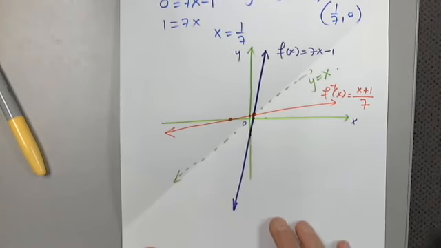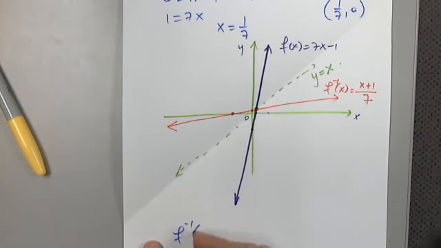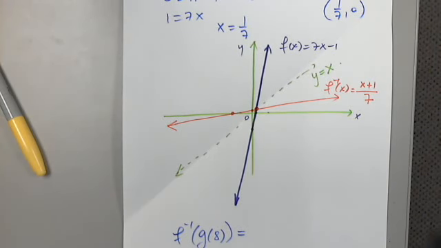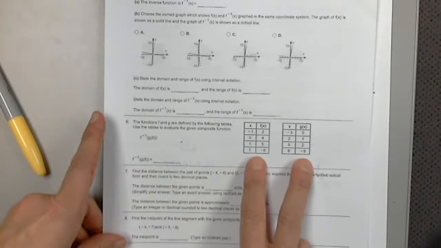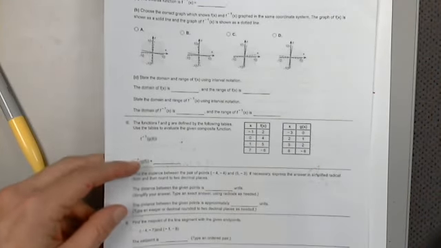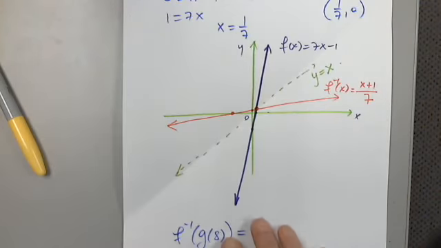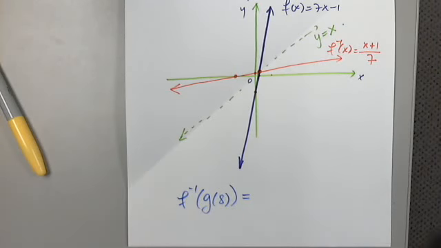Okay. In number 6, we are asked to find f inverse of g of 8. We're not given f. We're not given g. We can't calculate f inverse because we don't know how, because we don't have the function. But we're given two tables. So where is the starting point? I need to find f inverse of g of 8.